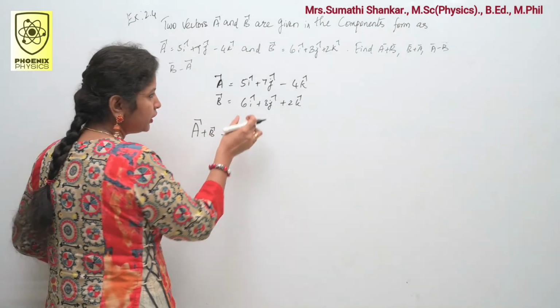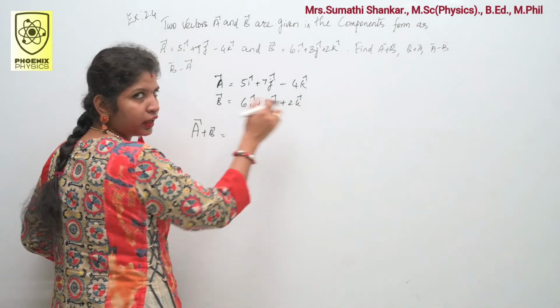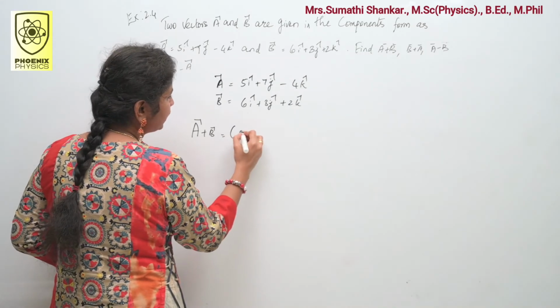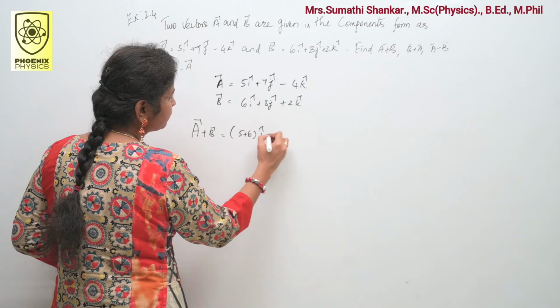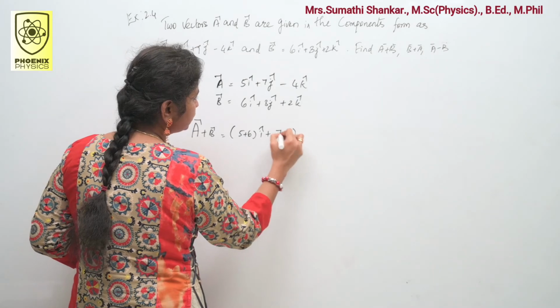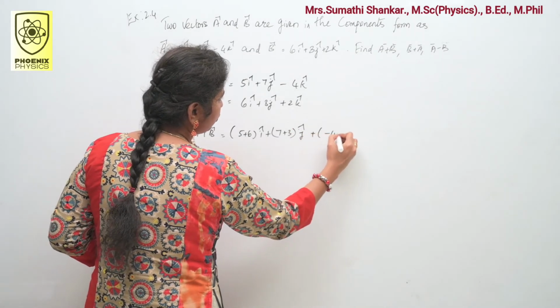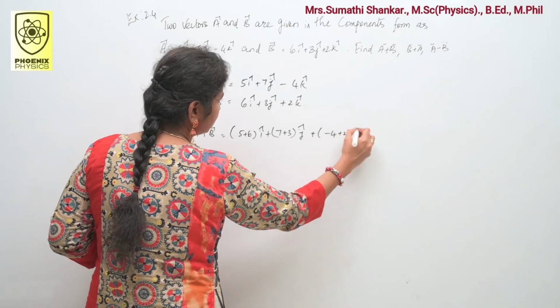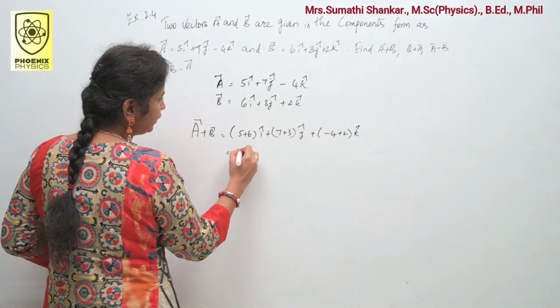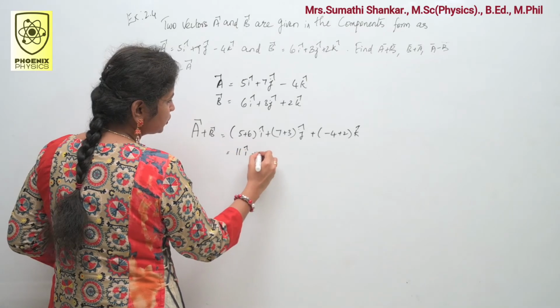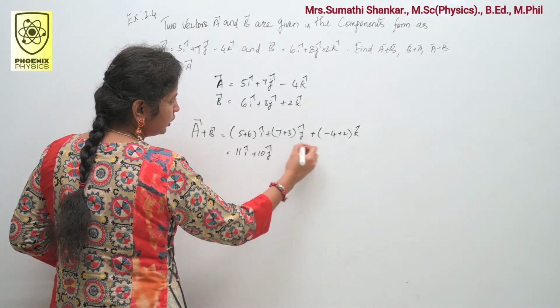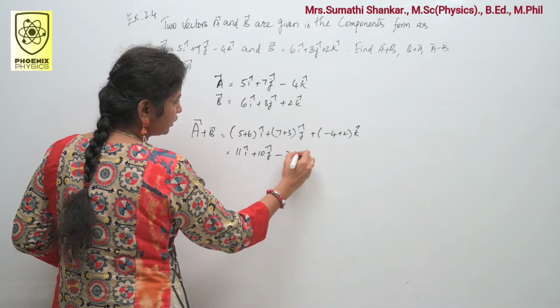Simply add the i coordinate, j coordinate and k coordinate. That is 5 plus 6 i vector, 7 plus 3 j vector, plus minus 4 plus 2 k vector. Our answer is 11 i vector plus 10 j vector minus 2 k vector.